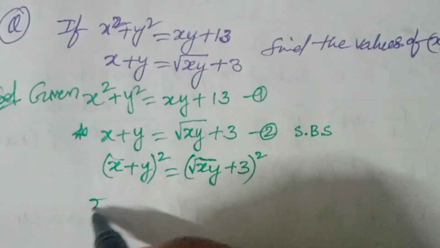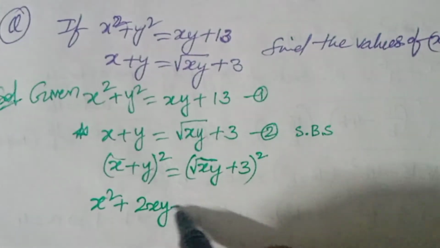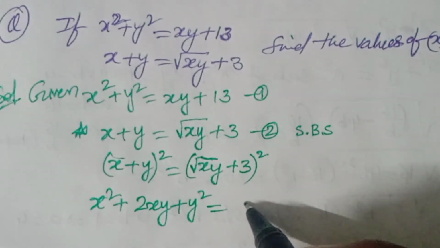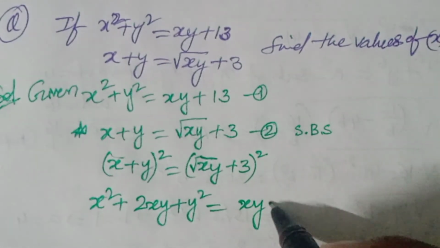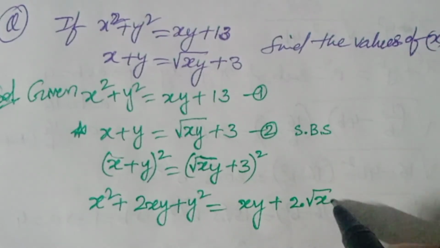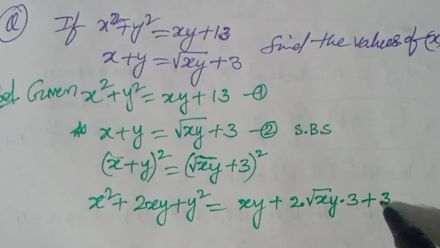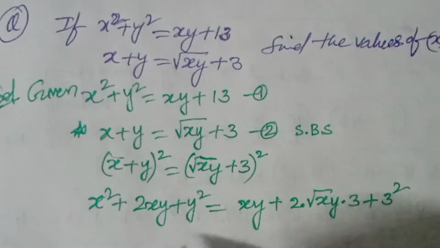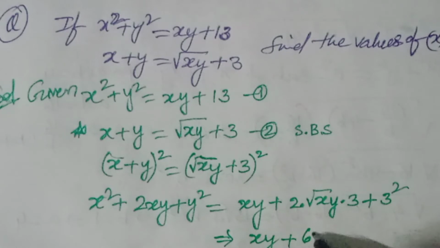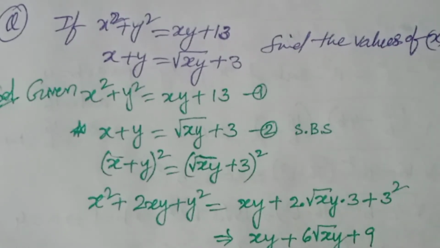So here a square plus 2ab plus b square is equal to a square plus 2ab plus b square, so here what will we get: xy plus 6 root xy plus 9.